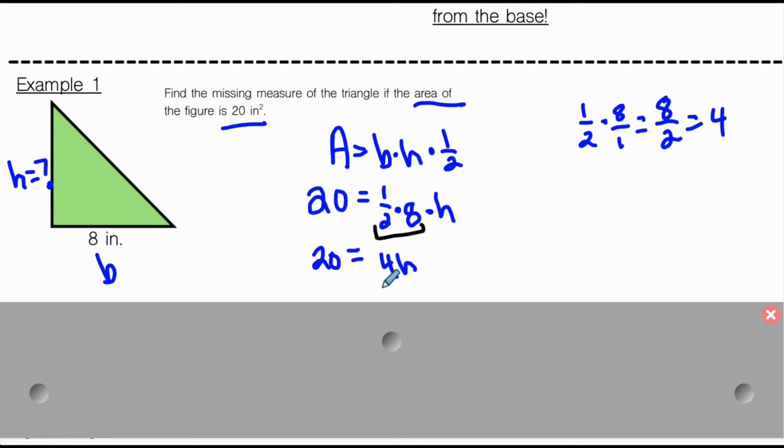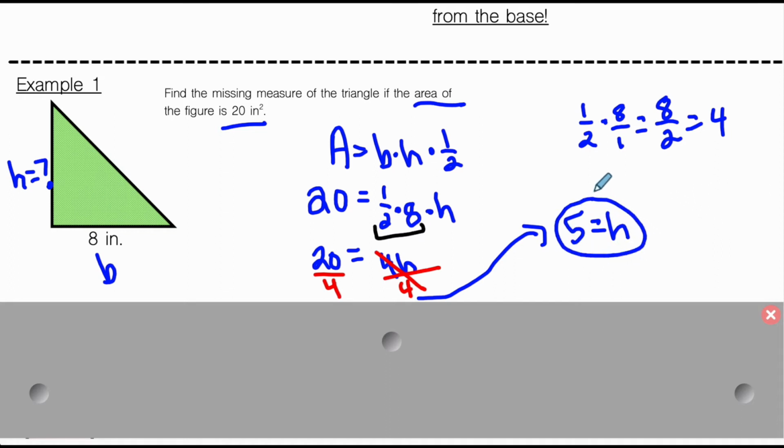The inverse of 4 times h is to divide by 4. Inverses cancel each other out, and whatever you do to one side, do to the other side. That results in a final step of 20 divided by 4 is 5, which is equal to h, the height. The height of this triangle is 5 inches.